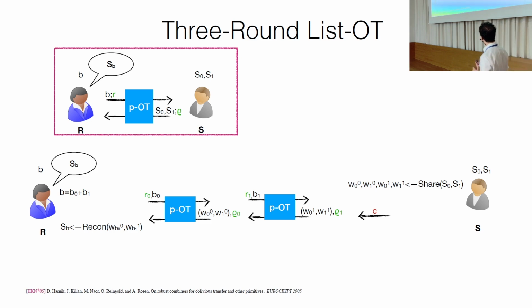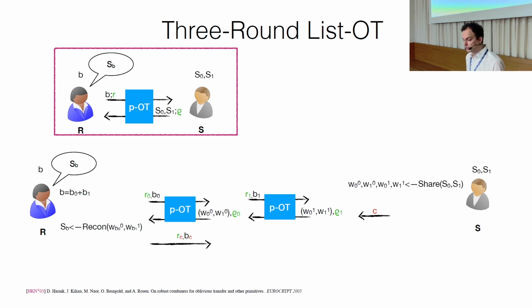And now what we do on top of this is that the sender engages in cut and choose. The sender says, okay, let me see the randomness. Let me see if you were honest in the Cth execution of this private OT. So for example, if C is equal to 0, the receiver will disclose the randomness and the input that he has used in the execution of the 0th private OT protocol.